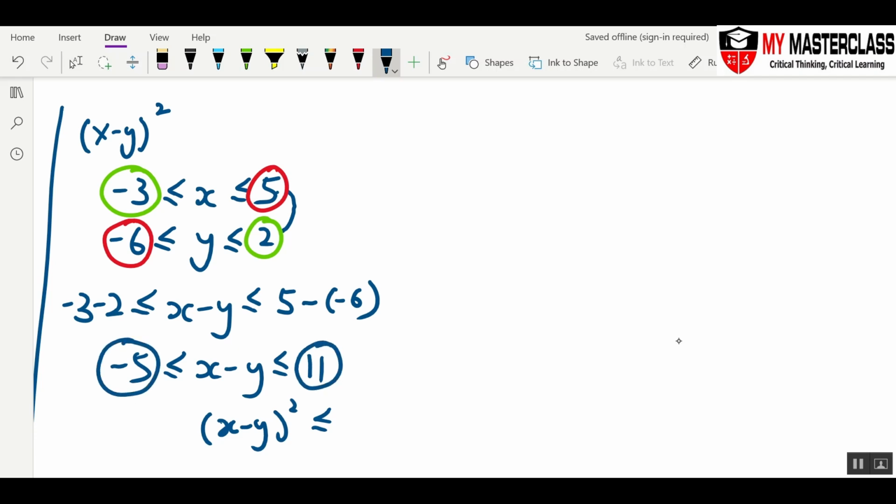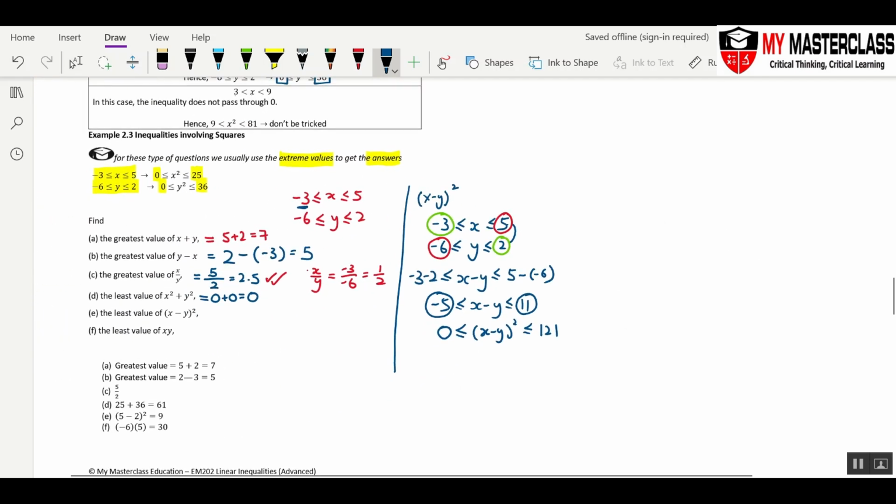Which one will give you a bigger one? 11 squared. And because this passes through 0, the minimum value of x minus y squared is equal to 0. So the least value of x minus y squared is equal to 0. Something wrong over here, it should be 0. I got a lesser value of this.